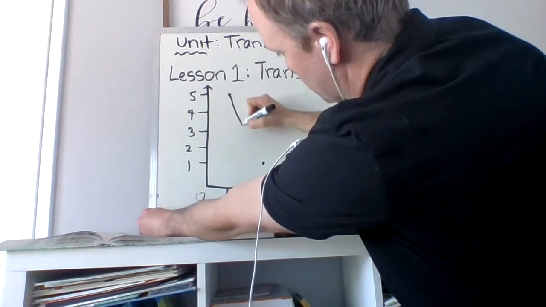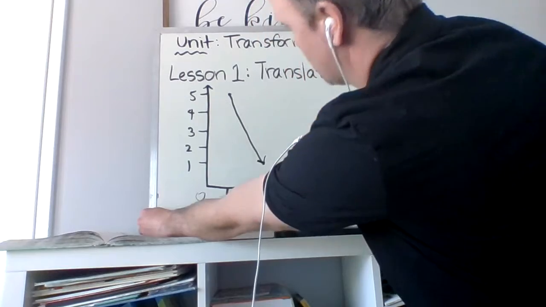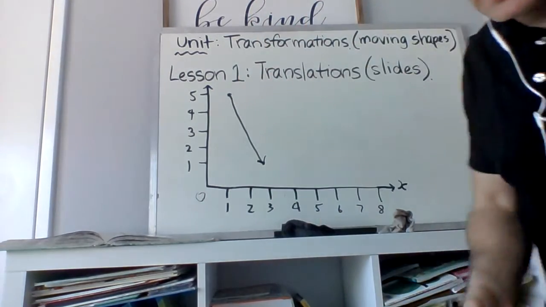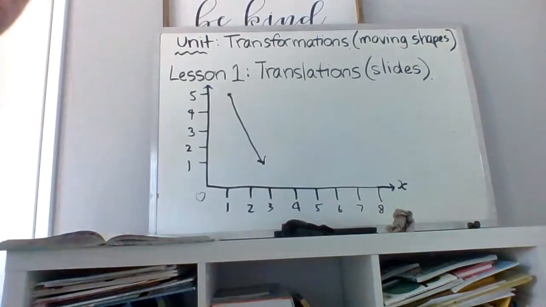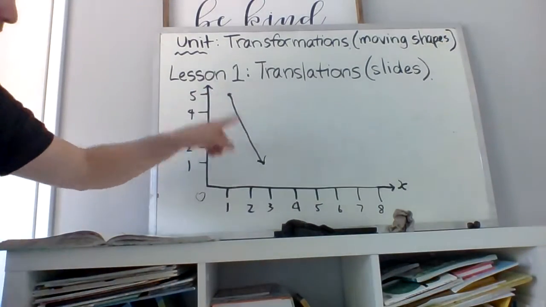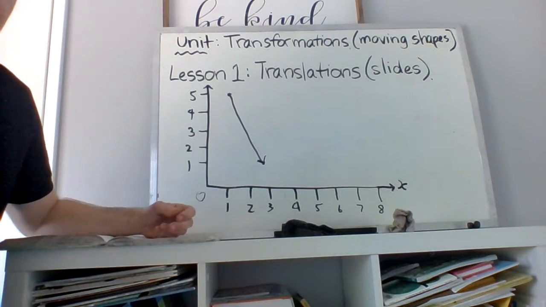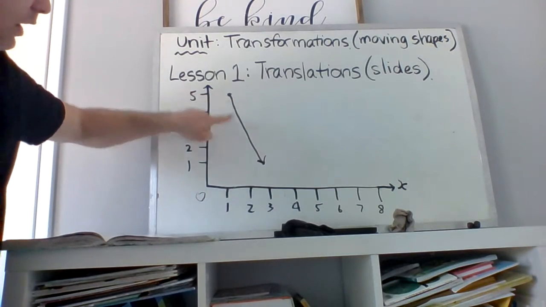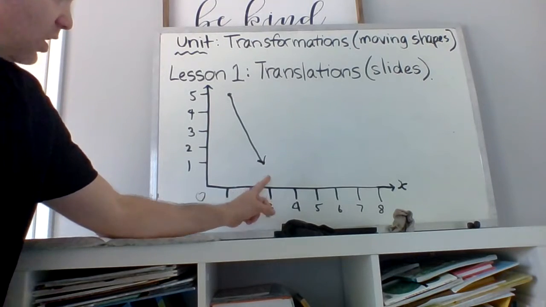So I draw my arrow. There are no shapes, we haven't moved anything, but we're just going to practice describing this arrow. We started at this point here and ended at this point here.